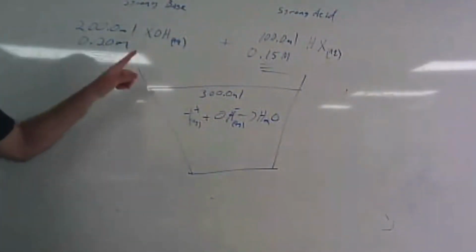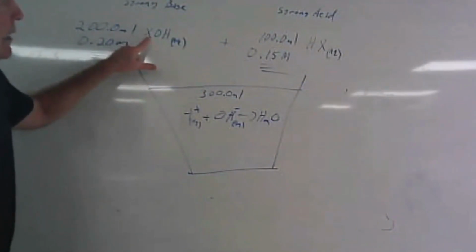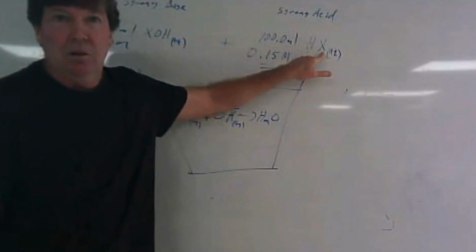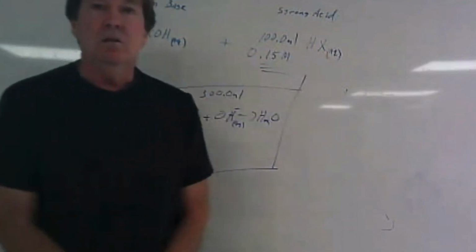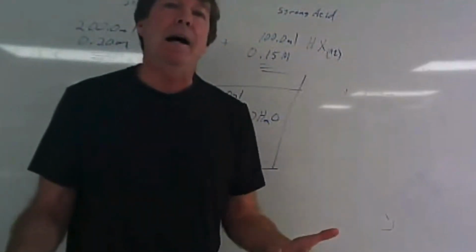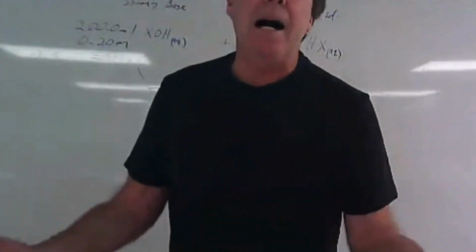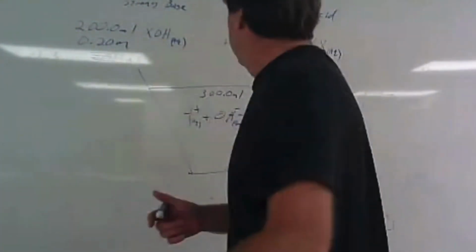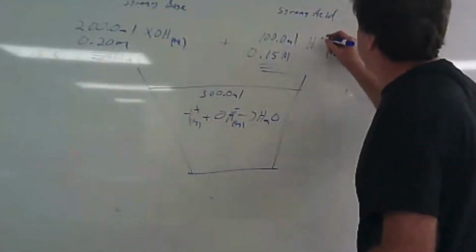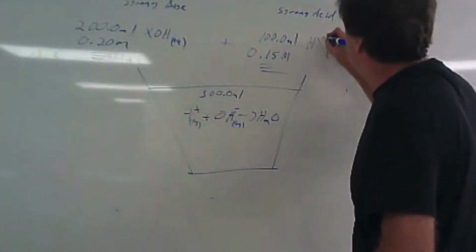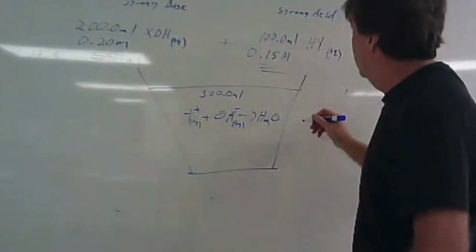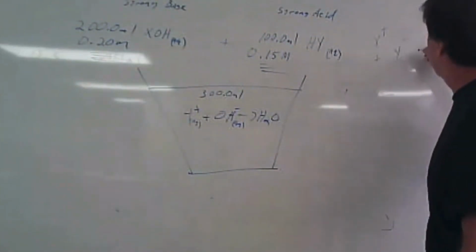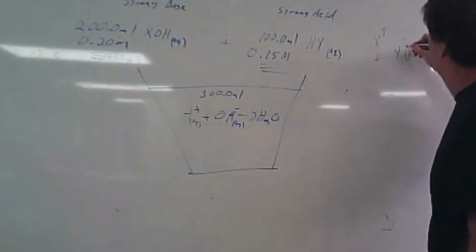The spectator ions are going to be X positive and X minus. Those spectator ions could be sodium ions, could be Cl minus ions, so just the negative and positive. Might be better, just to avoid confusion, to have this as HY. So we have X positive plus Y negative. These are spectators.